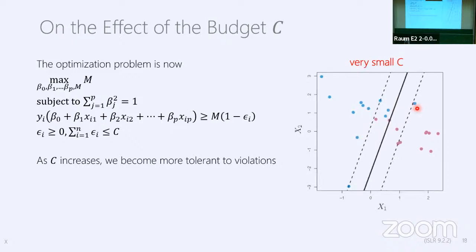And then if we go to an even smaller C, we see that 1 red is the same, 1 red, 1 blue misclassified. What you should take out of this is that C controls essentially the number of misclassifications. It's a penalty on how much we are allowed to misplace observations.